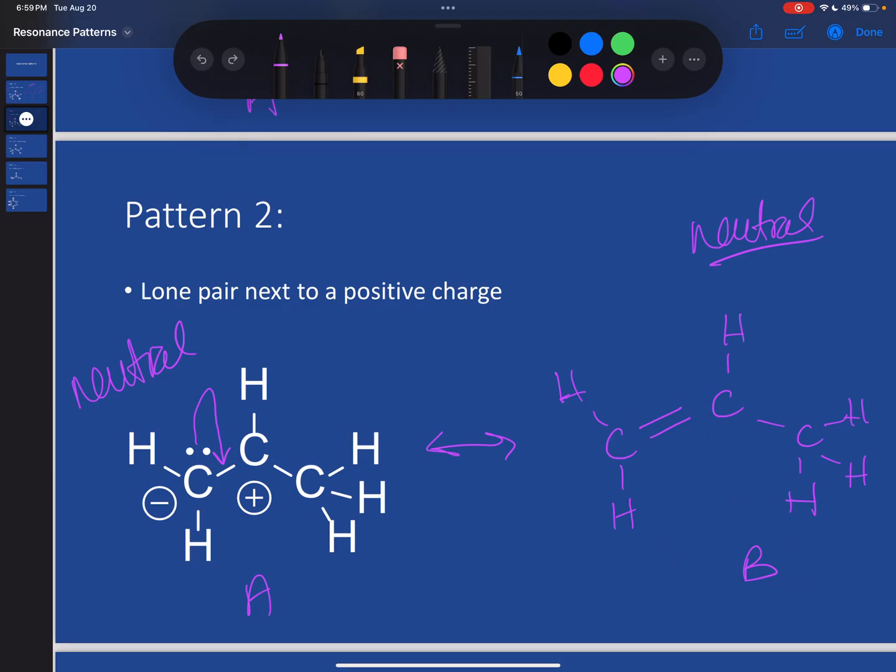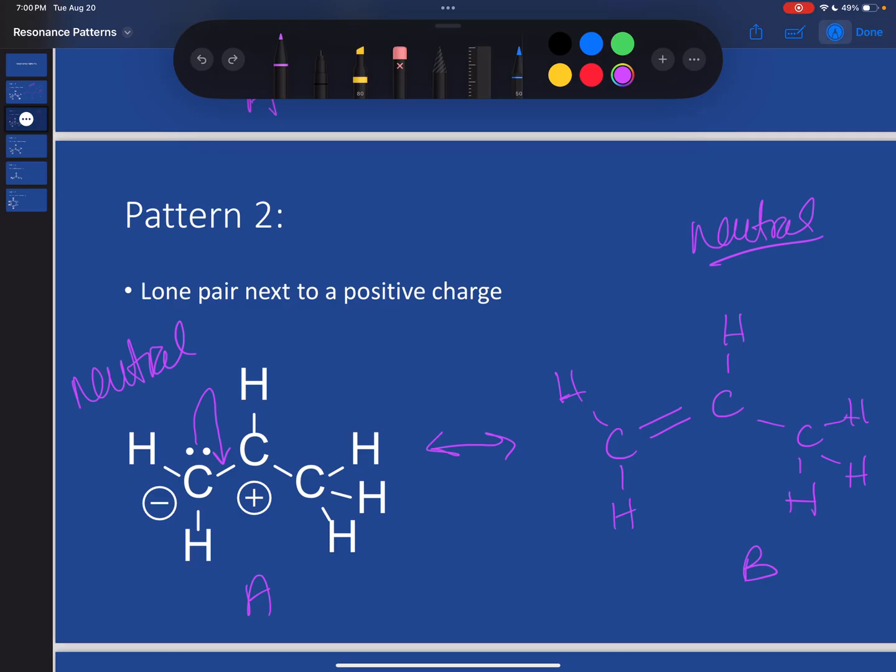So this carbon should also be neutral, and then I didn't change anything about the third one. So yes, overall this compound is neutral. So this would be the resonance structure we have if you were to have a lone pair next to a positive charge.